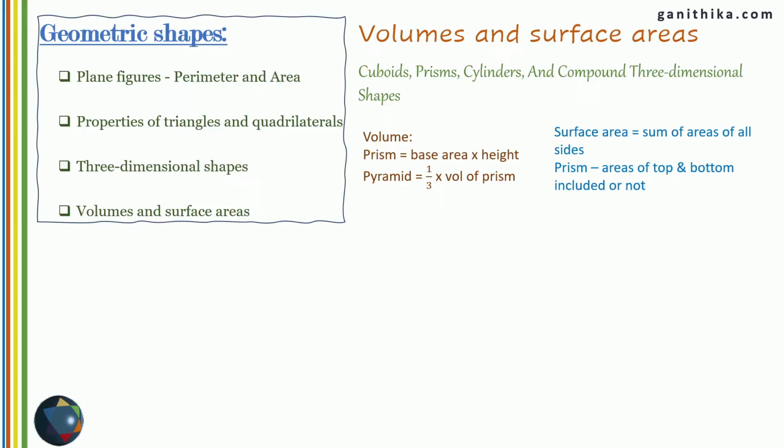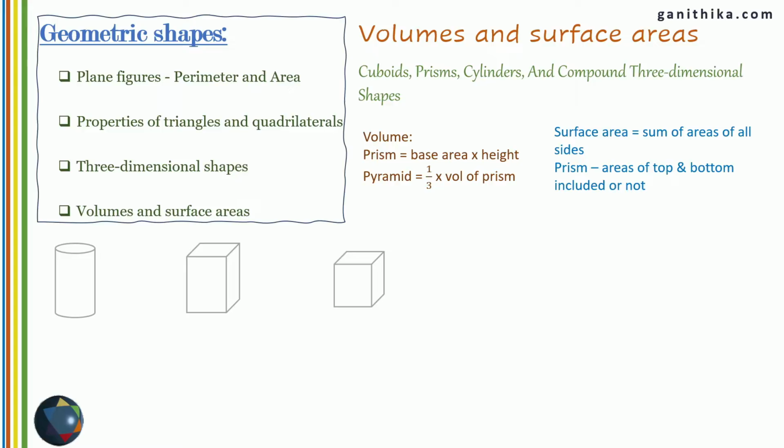But for prism, sometimes the top is included or not included, bottom is included or not included. Accordingly, you will find the surface area by adding the top and bottom or removing the top or bottom. For example, if you have a cylinder or a cuboid or a cube, it's easy to understand with a cylinder. A cylinder that is completely closed will be a solid cylinder. So you will have the surface area of the curved surface plus top plus bottom, right?